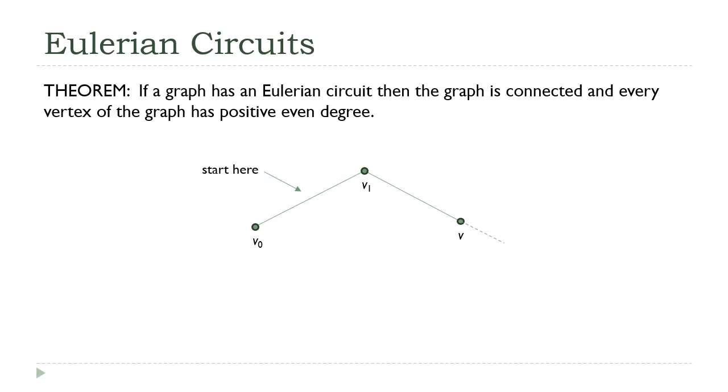If there is another edge coming in, then by the same argument, there has to be another edge going out. Since every incoming edge has to be paired with a matching outgoing edge, the total number of incident edges has to be a multiple of 2, which means that it has to be even, which is what we wanted to prove.